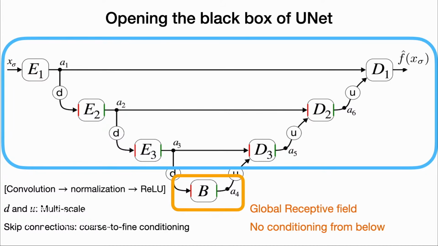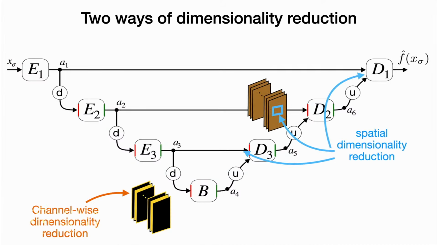Which is made possible by the fact that we have downsampling. All right, so now we want to look at these two regimes, and see how in each one of them the dimensionality of the density that we want to approximate is reduced.